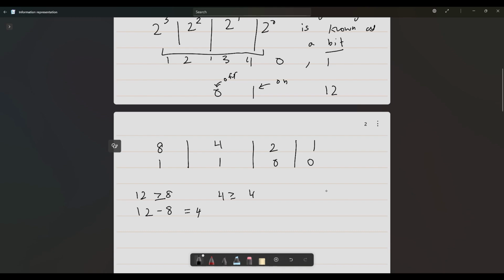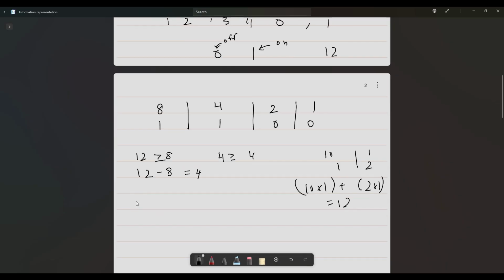So in base 10, what we did is 10 and 1, and 1, 2. So that's 10 into 1 plus 2 into 1, and if you add this, you get 12. The same thing follows for the binary system as well. Here you have 8, 4, 2, 1 instead of hundreds, tens and ones.